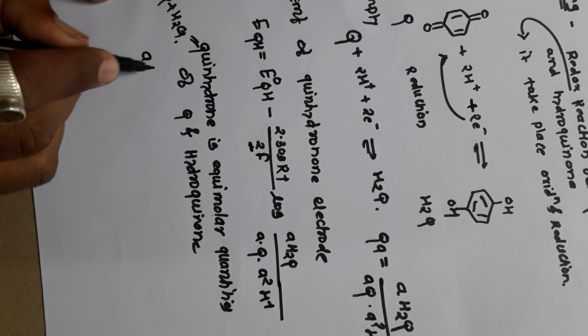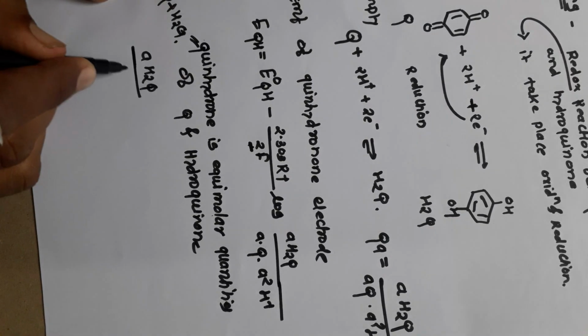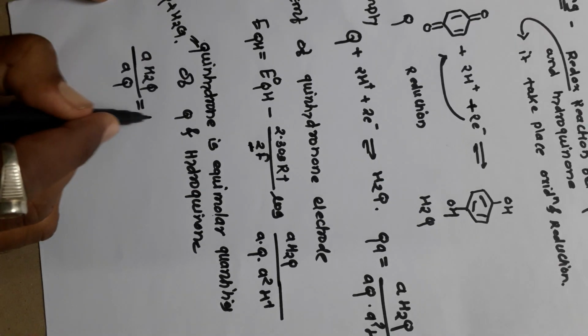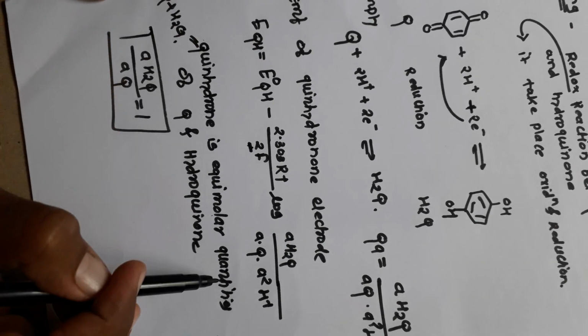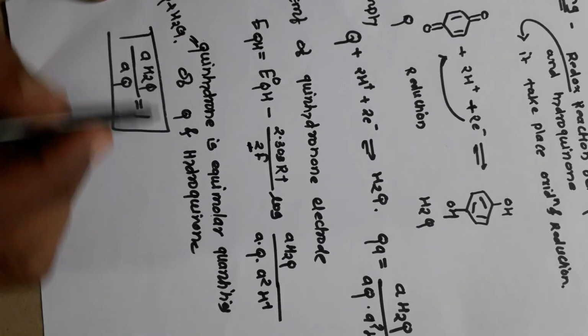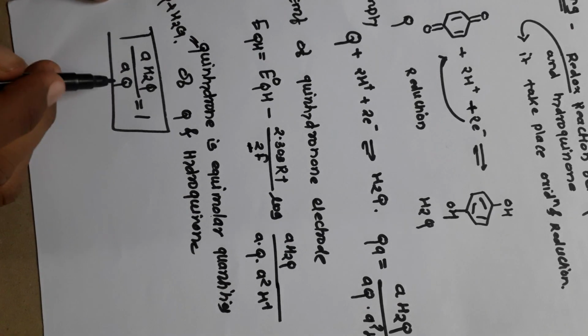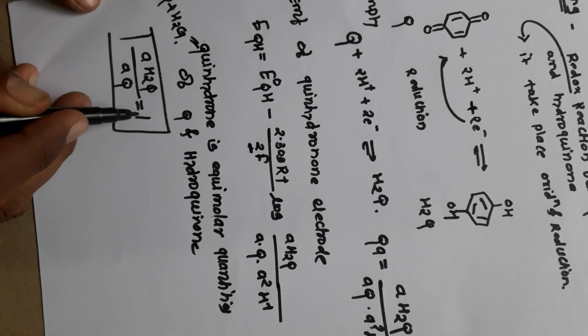That's why the activity of hydroquinone or the activity of quinone is equal to 1. That's why the activity of hydroquinone upon the activity of quinone is equal to 1.